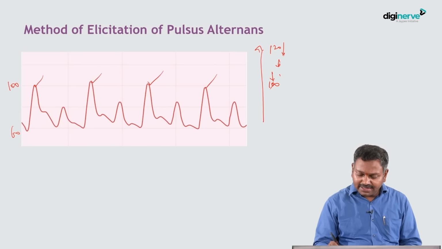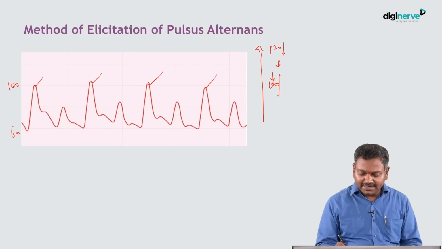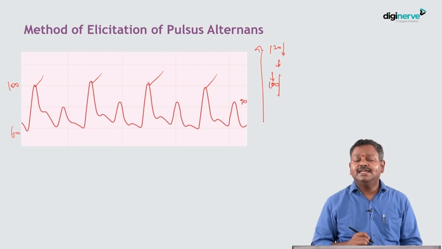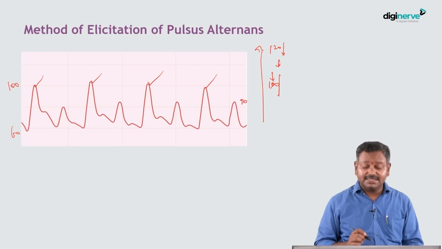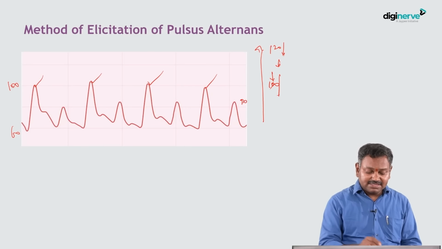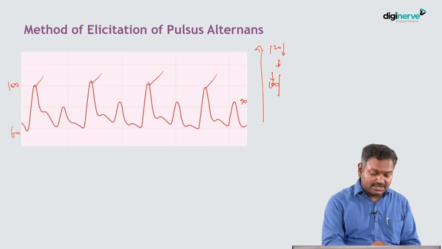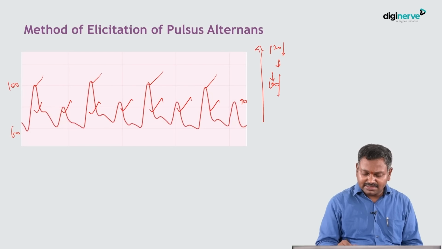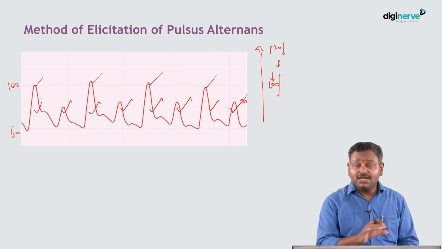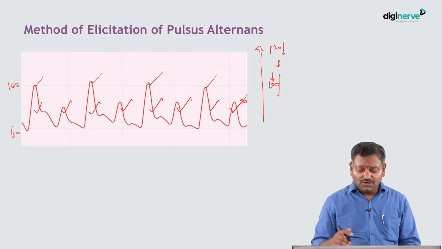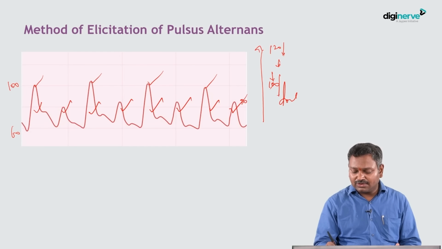Now as I lower it further, possibly at around 90 millimeters of mercury, what should I start hearing? At 90, I will start hearing the lower volume pulses also along with the higher volume. So I am hearing all the sounds. The sounds which were possibly 4 have now become 8. So I start hearing the doubling of the Korotkoff sounds.